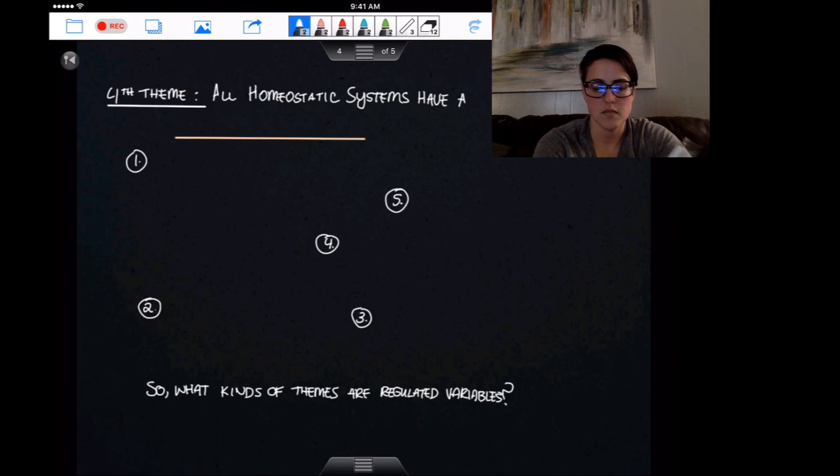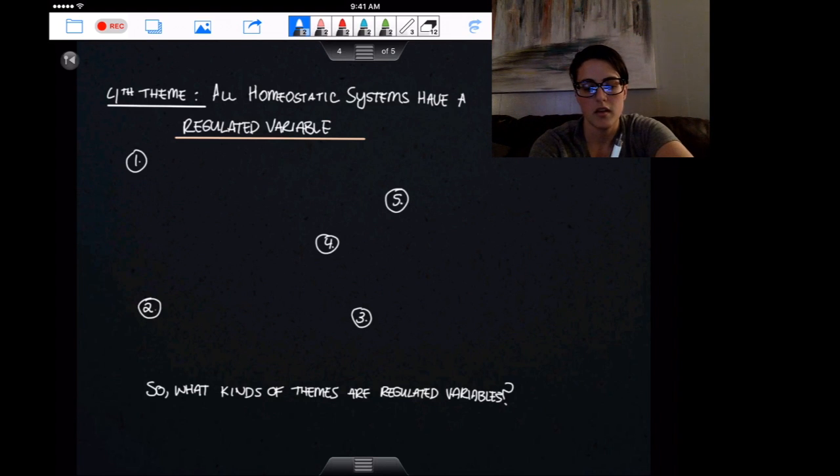Homeostatic systems have a regulated variable, and where is this maintained? Do you remember? The ECF, or the extracellular fluid. Remember, this is where it's maintained.